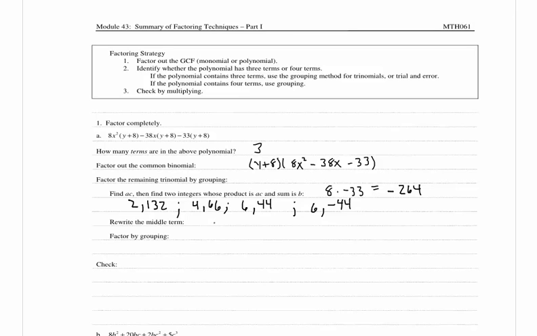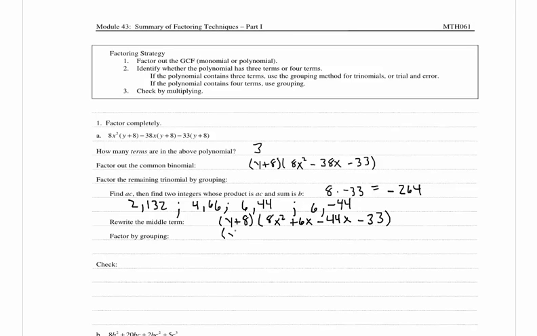And now we want to rewrite the middle term. So we have y plus 8 times 8x squared plus 6x minus 44x minus 33. And now we want to factor by grouping.